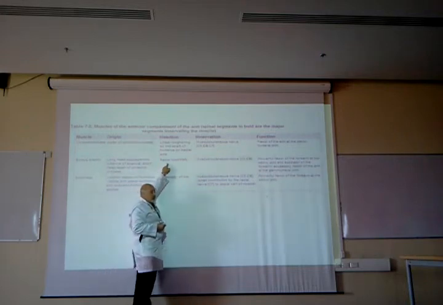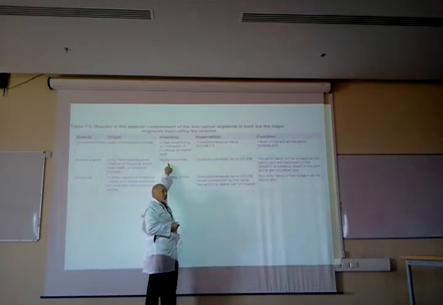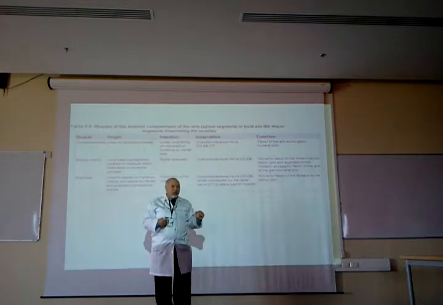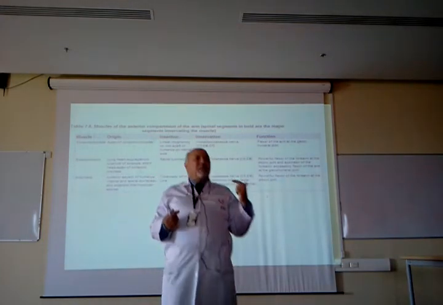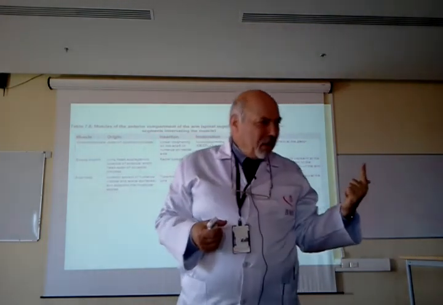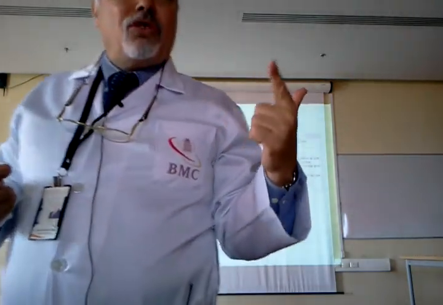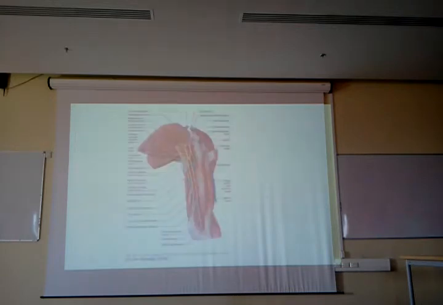For the insertion, he mentioned here the radial tuberosity only. But you must mention that there is a part of this muscle named the bicipital aponeurosis, which is attached to the deep fascia of the forearm and the fascia covering the pronator teres. You can see that in the picture.